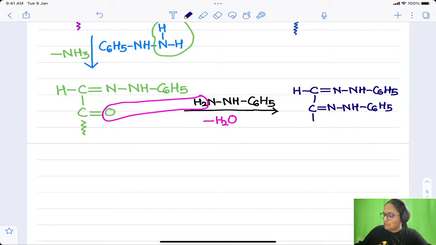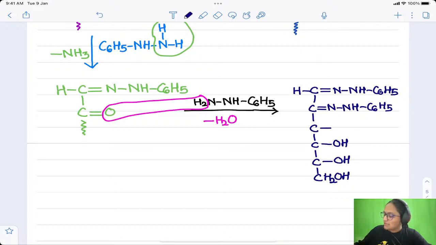Next are the 4 carbon atoms. The fourth one is CH2OH. There is no change in the remaining 4 carbon atoms. They will remain as they are. This one will be OH, this one will be H, this one will be H. So this is the osazone of glucose.